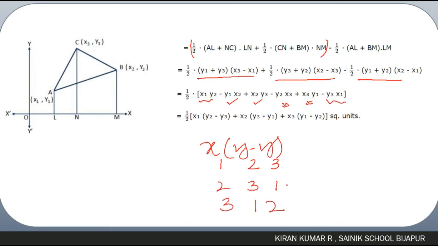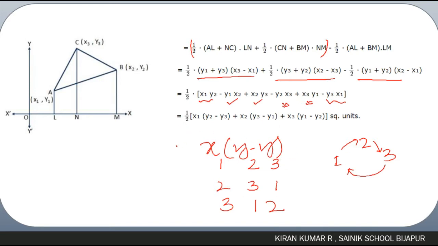What do you observe? The numbers 1, 2, 3 are there in a cyclic order. If you start from 2, it is 2, 3, 1. If you start from 3, it is 3, 1, 2. So it's easy to remember.